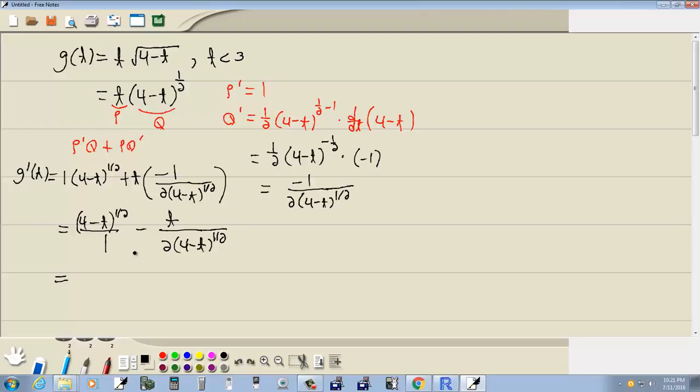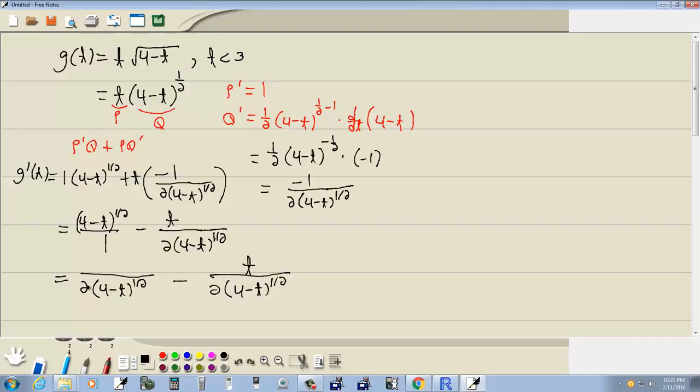Now we need to find our common denominator. And since this is a 1, our common denominator will be the other denominator. So our LCD will be 2 times 4 minus t to the 1/2 power. Okay, now our second fraction's just fine. It already has that denominator.